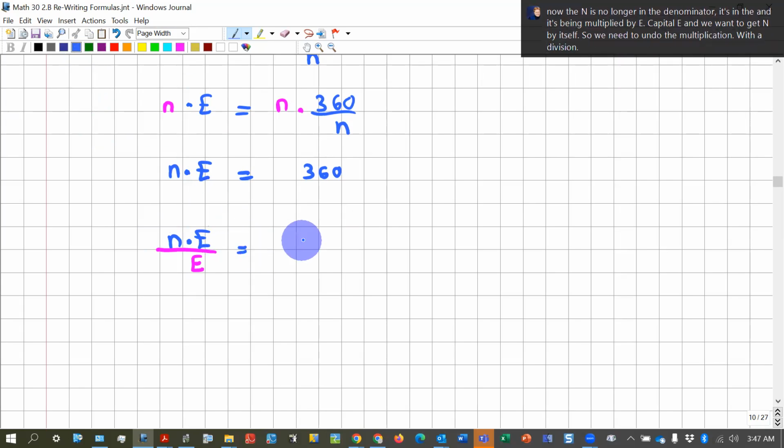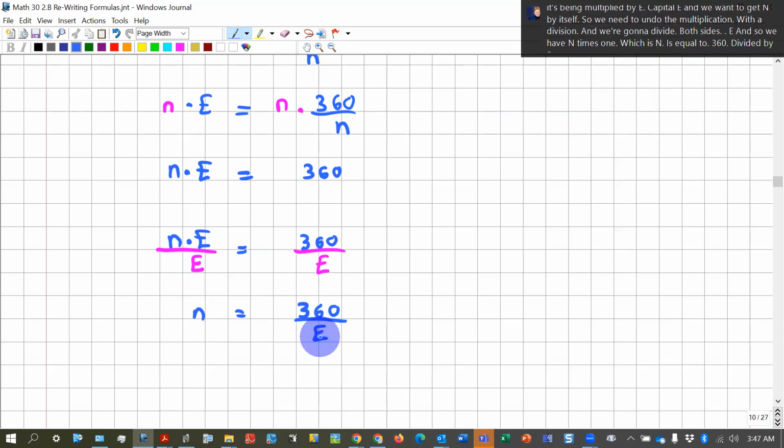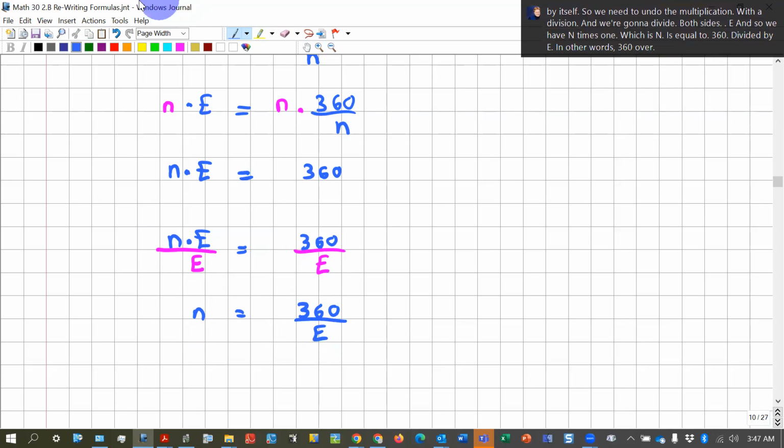And we're going to divide both sides by e. And so we have n times 1, which is n, is equal to 360 divided by e. In other words, 360 over e.